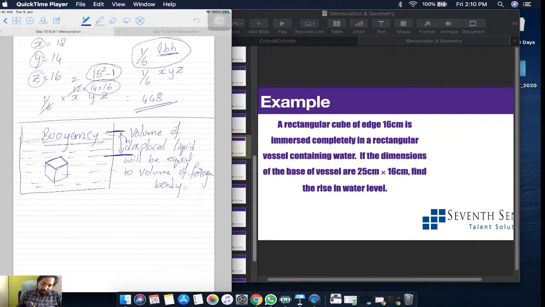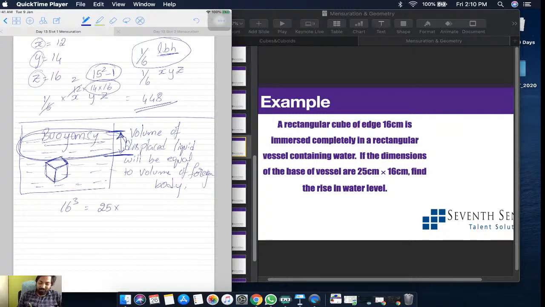The change in volume is attributed to the volume of the cube. So the volume of this cube is 16 cubed, and hence the change in volume, this height, is your change in volume.